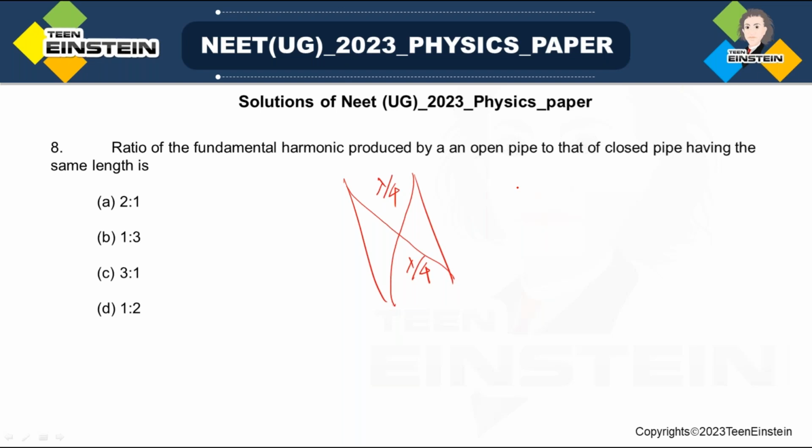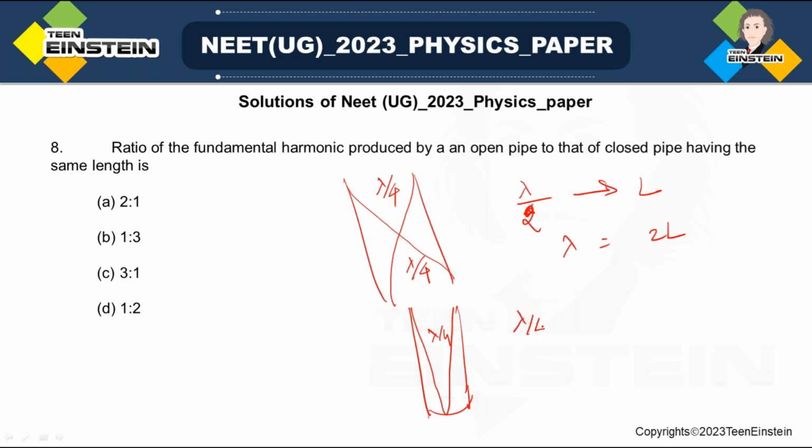Lambda by 4, lambda by 4. If you add them, this is the total wavelength lambda by 2, and this corresponds to the length L. That means lambda is equal to 2L. Similarly, in case of one side closed, in this case it will be like this fundamental frequency. So this is actually lambda by 4, lambda for wavelength, and that is equal to length. Lambda is equal to 4L.